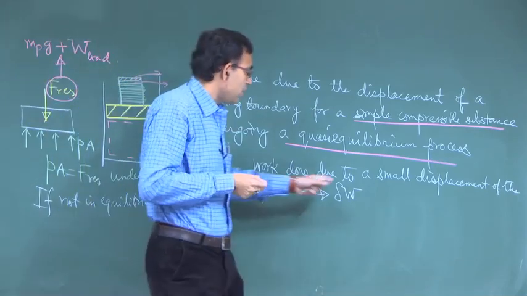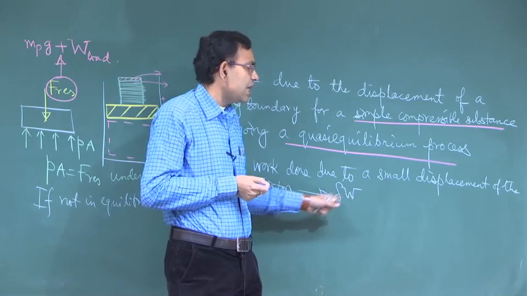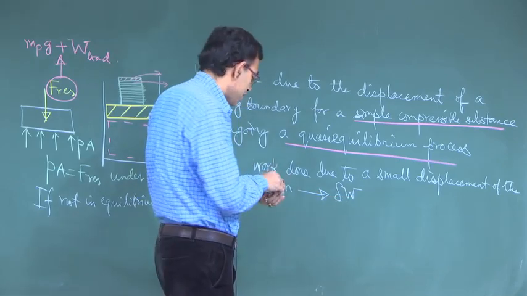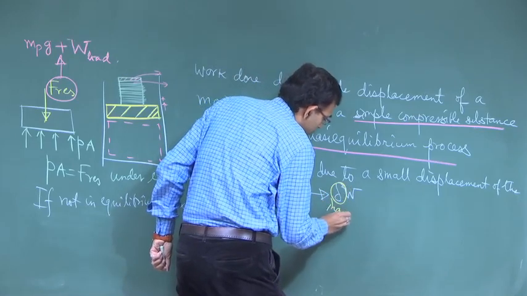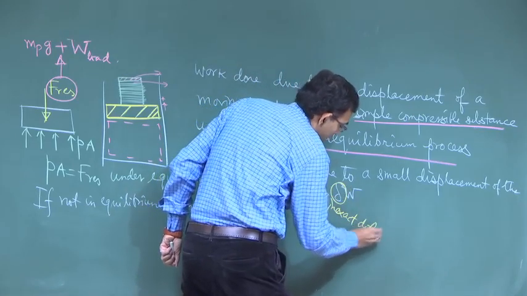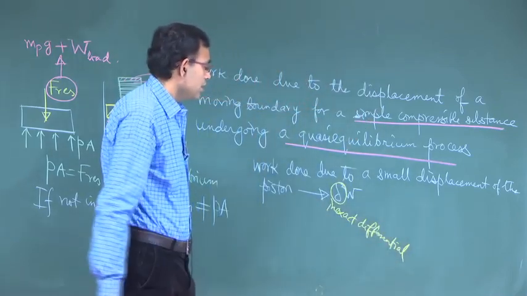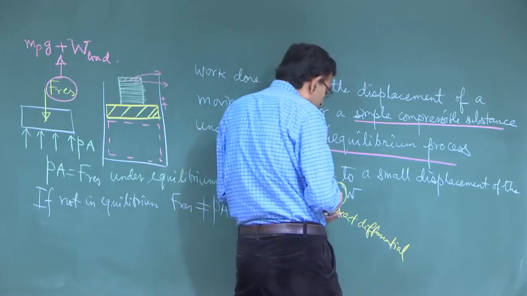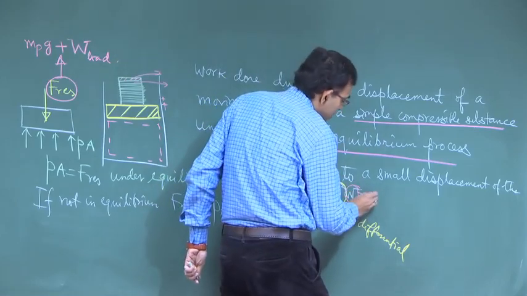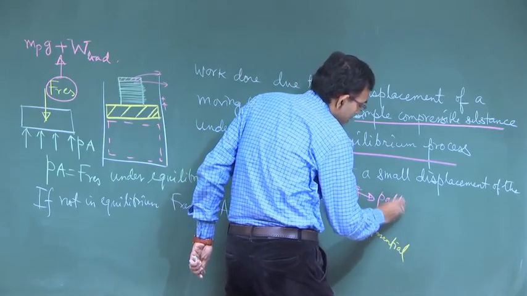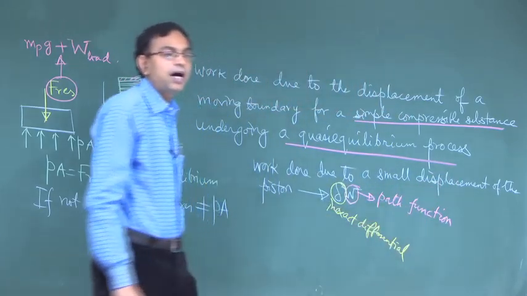But if the work done depends on the process, that means it is not an exact differential. So, this is the symbol of inexact differential. And the work, therefore, because its differential is inexact, is also called a path function. That means it depends on the thermodynamic process or the thermodynamic path.